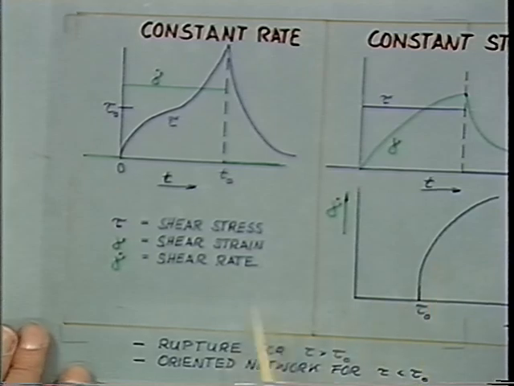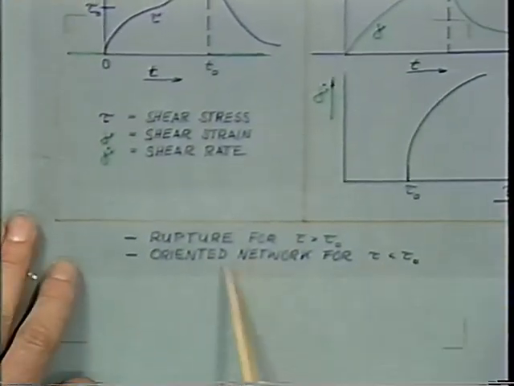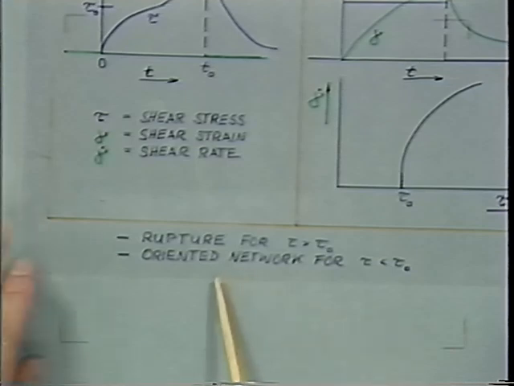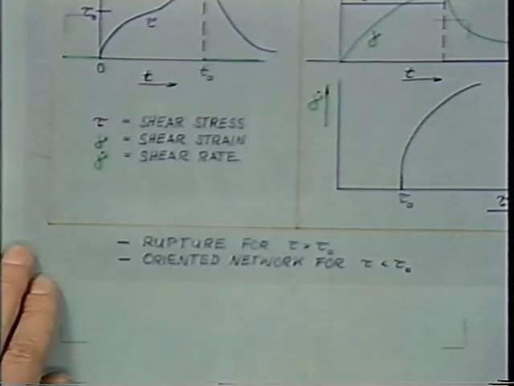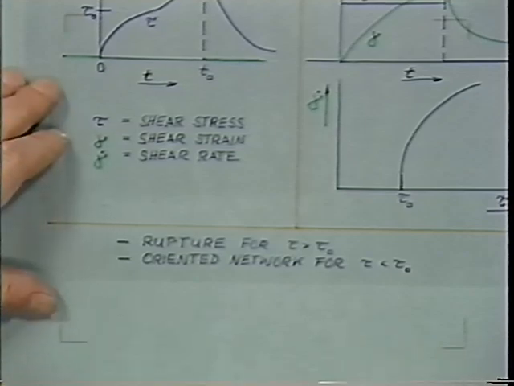But we would be interested now in the characteristic stress for breaking, the stress which is needed for rupturing the material, and we would also be interested maybe in producing oriented network materials. We would introduce molecular orientation in the gel state during flow and lock that orientation in by a crosslinking reaction and have interesting materials.